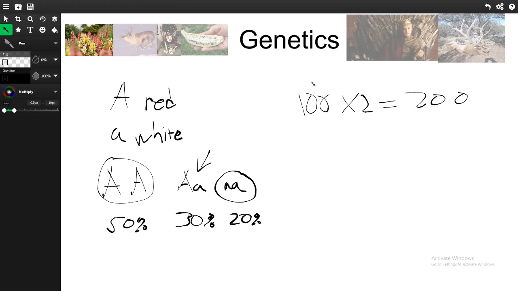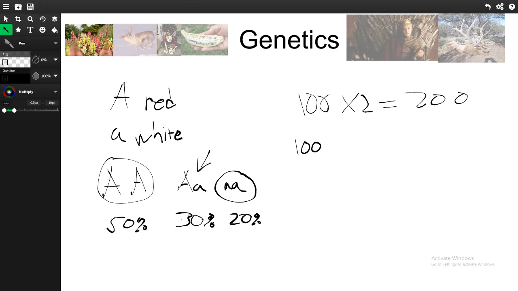So, using our population size of 100, we could say that 50 have the big A genotype, which means that each individual flower has two capital A or red alleles, which means that just from these 50, there are 100 A's.